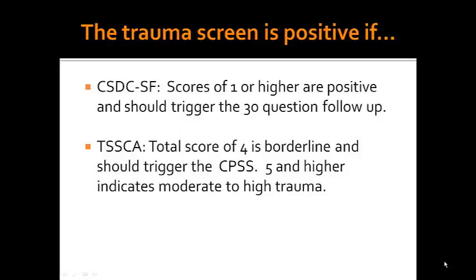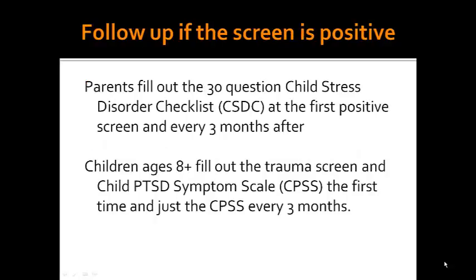That's not required, but it'd be good to get that information in during that same visit so that you're able to see what the parent is telling you regarding the effects of trauma on their child. Now on the TSSCA, a score of 4 or higher is going to trigger the follow-up CPSS. So just know that when you're looking at cutoffs for those instruments.